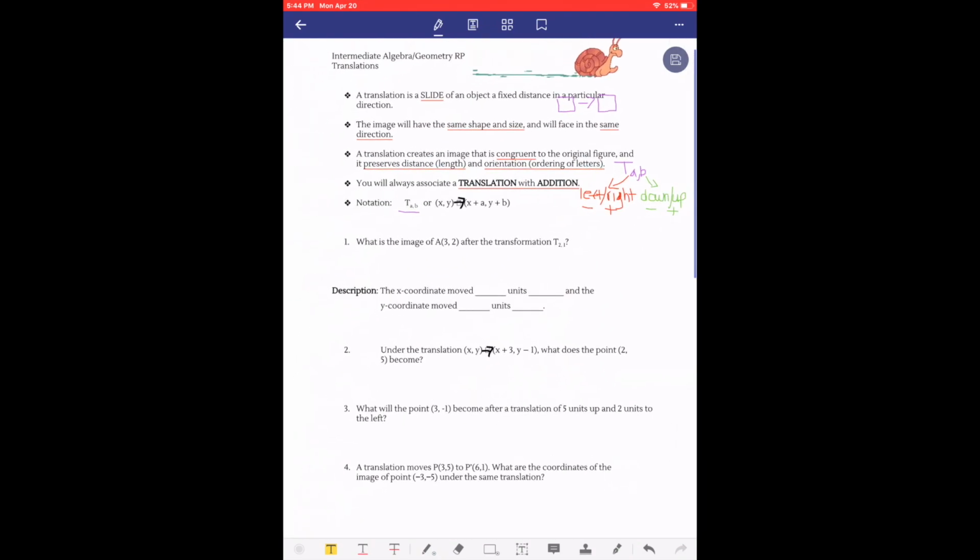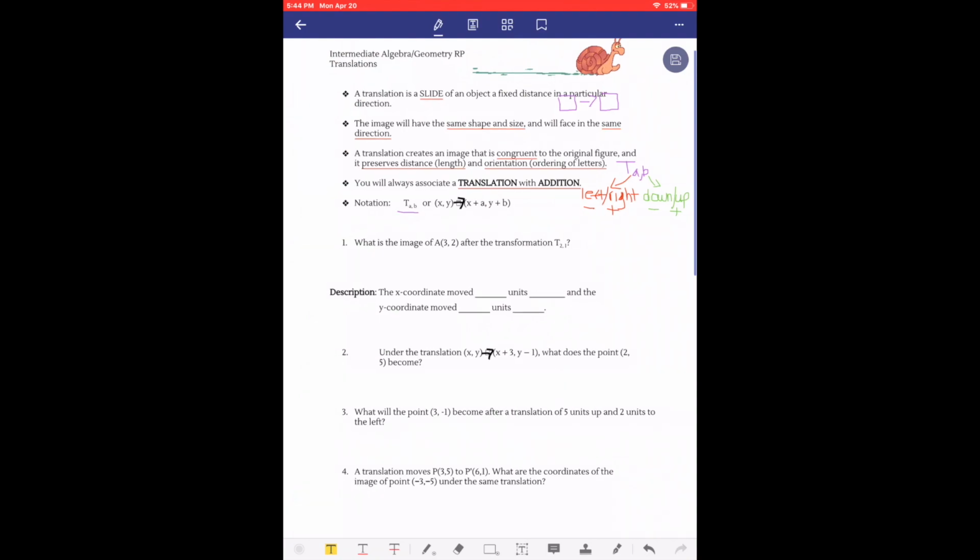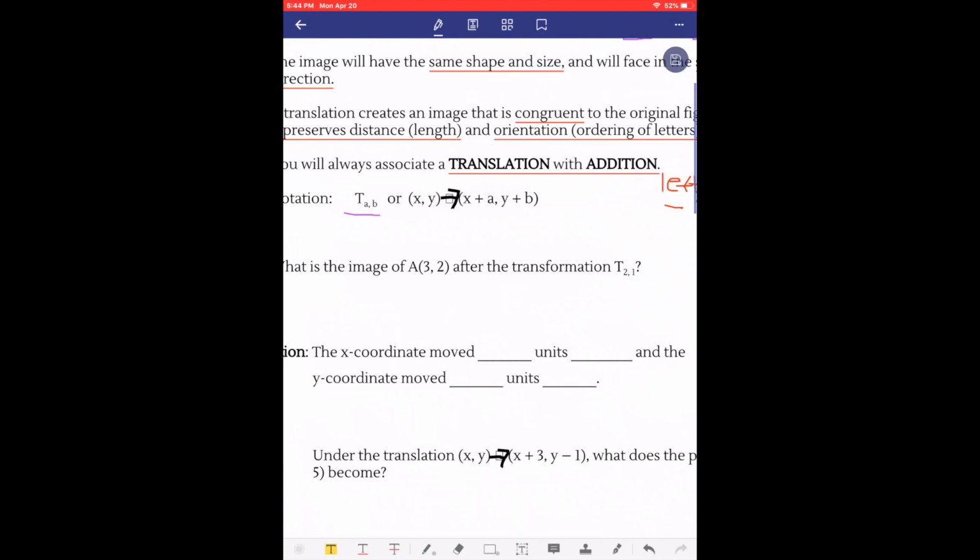Number 1, what is the image of A 3, 2 after the transformation T subscript 2, 1?